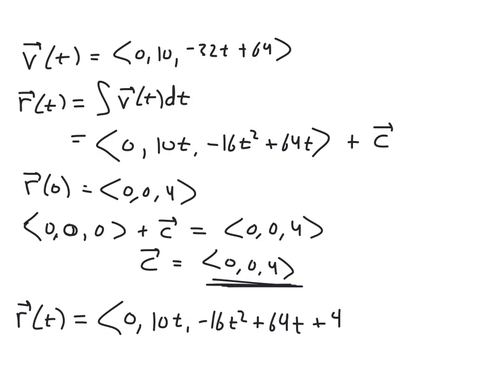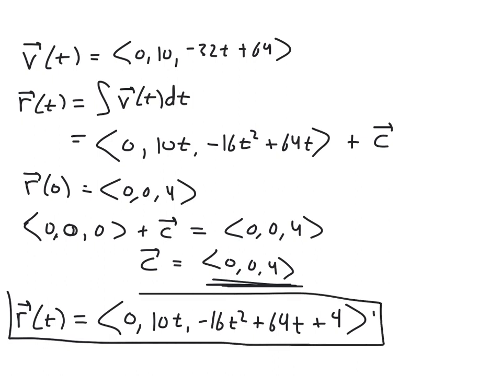It just adds on a 4 into the third component. And so our position vector for our object that was shot from our slingshot is given by this vector function here. And so if we actually wanted to answer any questions about this particular object, various algebraic kinds of questions, we could use this vector function to answer those.